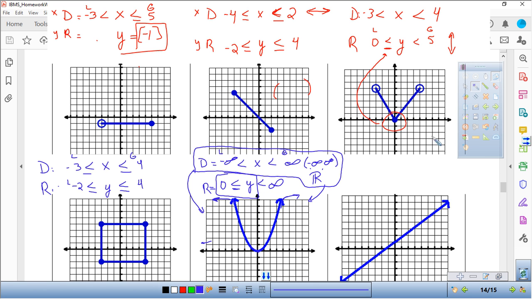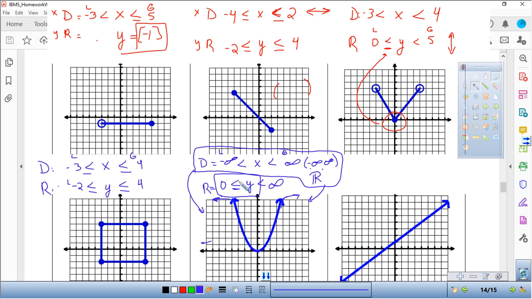Okay, now, let me just step back. This is saying that y values are between 0 and infinity. So any number between 0 and infinity could be considered for the y coordinate. But when it comes to this part right here, what does this say? Doesn't that say the value of y is going to be greater than or equal to 0?